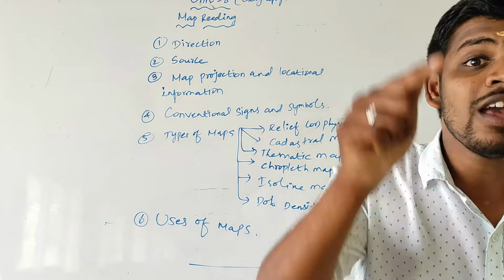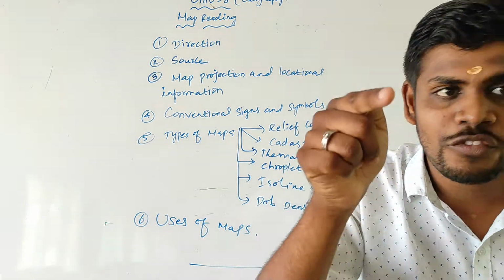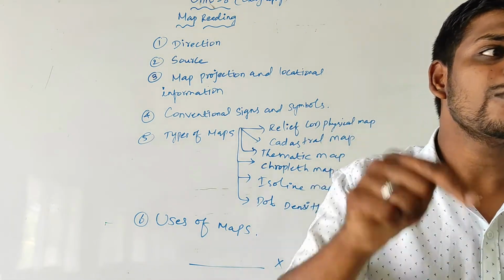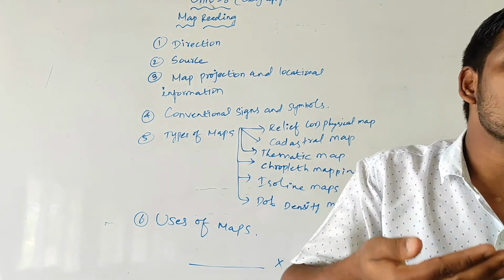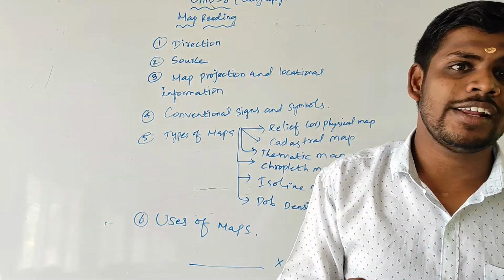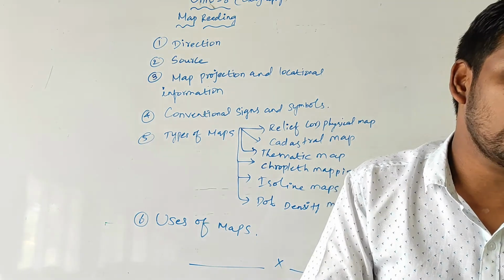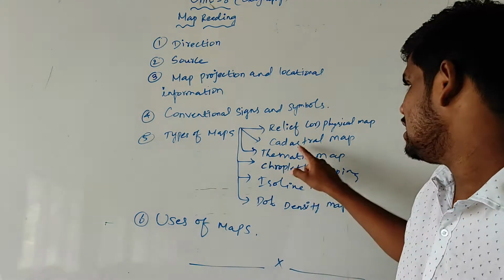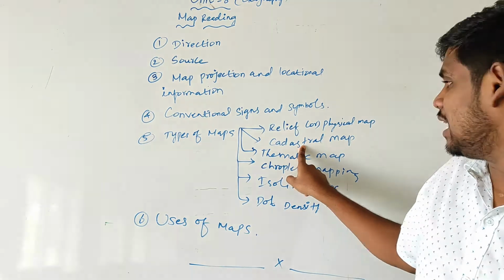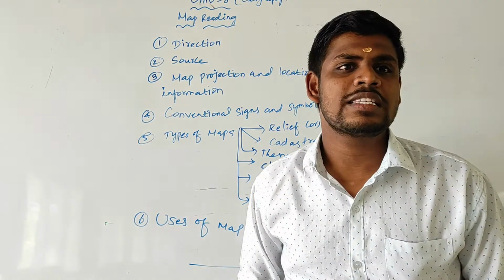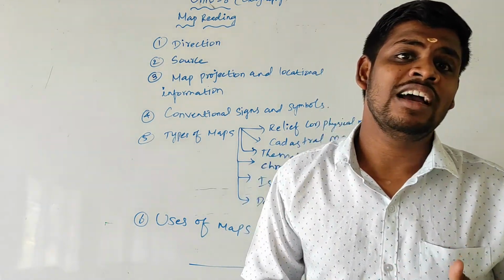The term cadastral is derived from which word? Very important, one mark. It is derived from a French word, and cadastral means register of territorial property. This is the explanation of the cadastral map. Next we will discuss the importance of the cadastral map.